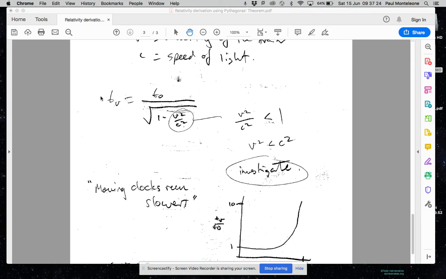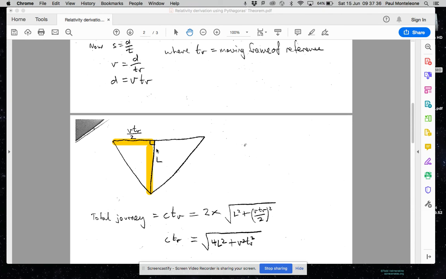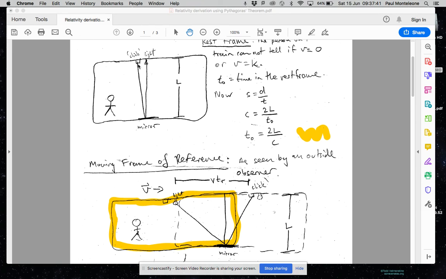That is, if you're in the external frame of reference, you'll see time dilate because it takes longer for that ray of light to go from the top of the train down to the bottom and back again. So if we just go back to the pictures and have a look, this one goes down, straight back, and this will take a little bit longer to get back. So I think I'll stop there.